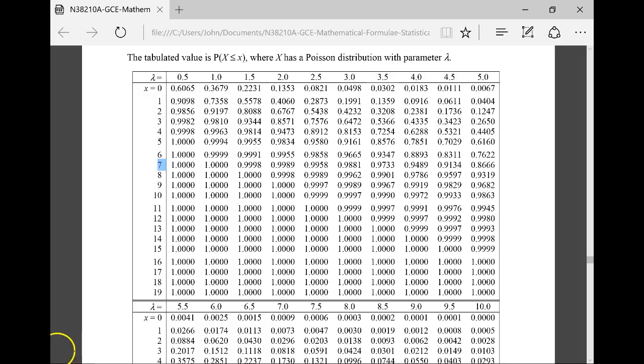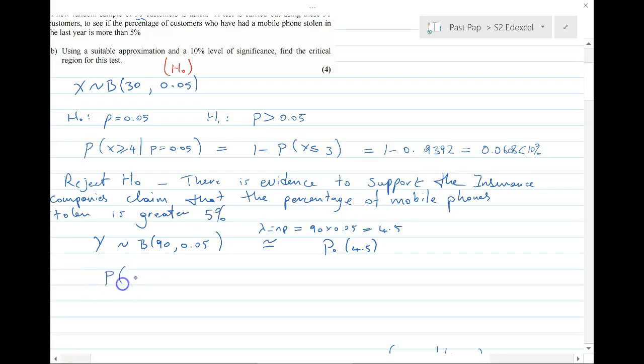our critical region. So to conclude what we've just seen from the tables, the probability that y is less than or equal to 7 equals 0.9134.